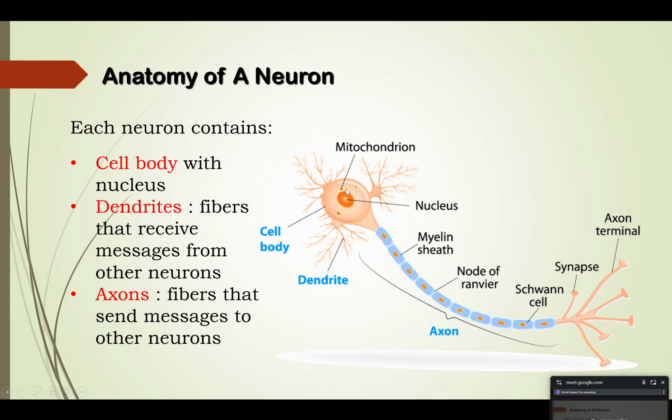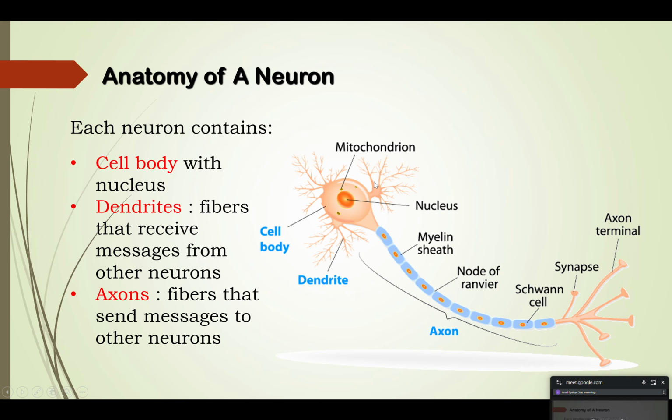And inside the cell body, you have the nucleus. And you have small structures within the cell body. That is the mitochondrion, which is what you see here. You remember the function of mitochondrion from cell biology. That's for production of energy in form of ATP, the energy generation site.